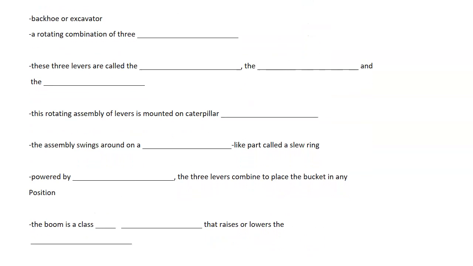Now, a backhoe or an excavator, at its most simple level, is basically a combination of 3 levers, which we call a boom, a dipper, and a bucket. Rotating assembly.